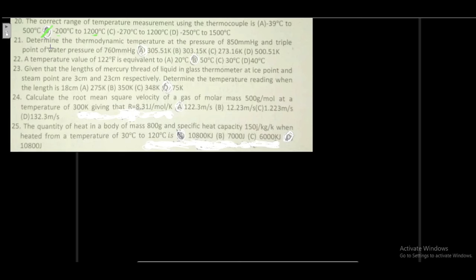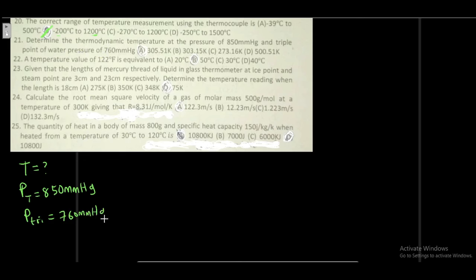Now, question 21, they said determine the thermodynamic temperature at the pressure of 850 millimeter mercury and triple point of water of 760 millimeter mercury. So again, another question on thermodynamic temperature T. So the pressure at the unknown temperature, P_T, is equal to 850 millimeter mercury, and the pressure at the triple point of water is equal to 760 millimeter mercury.